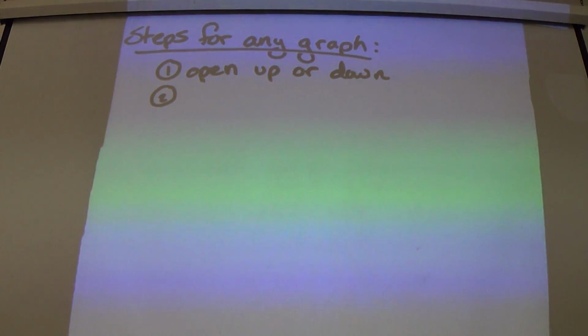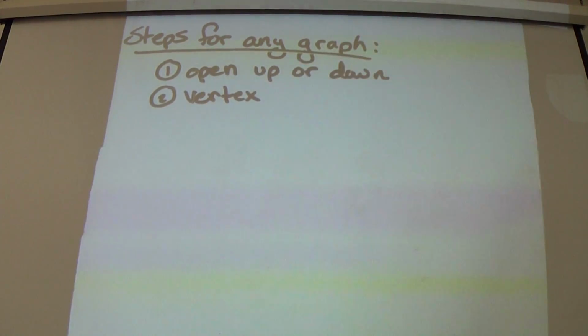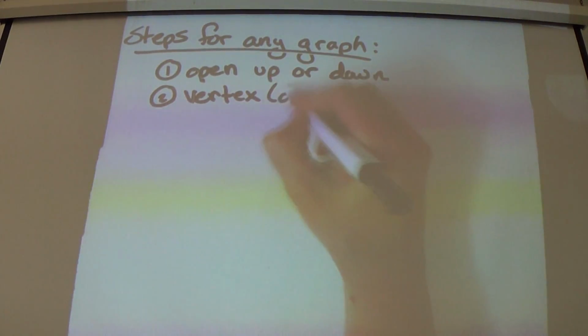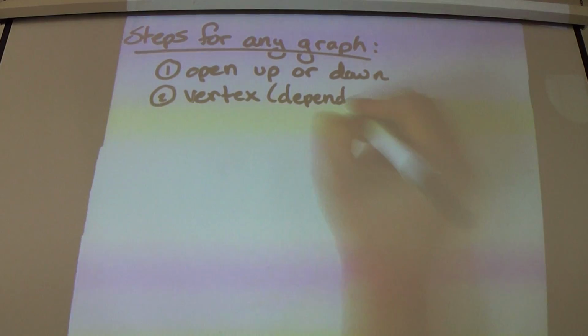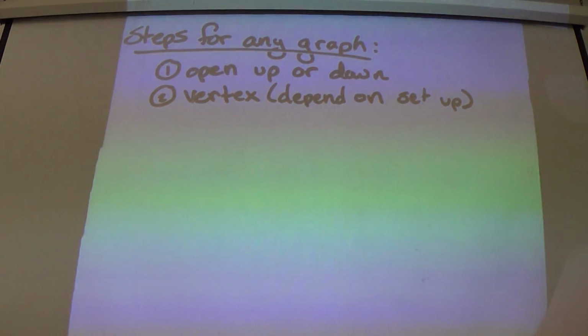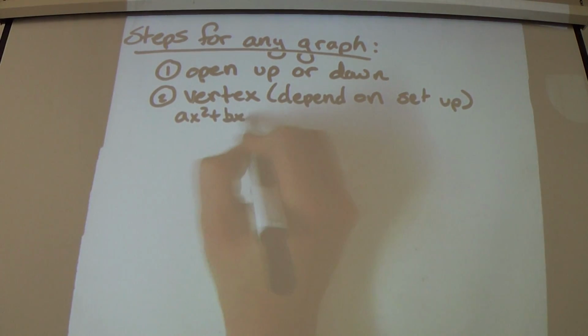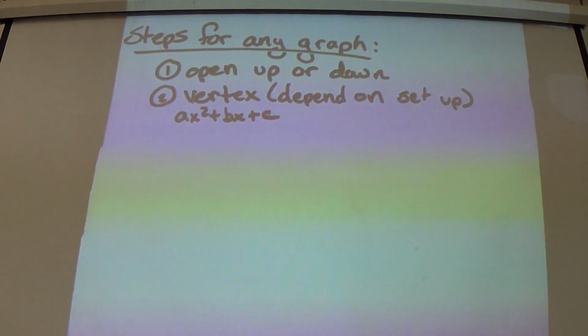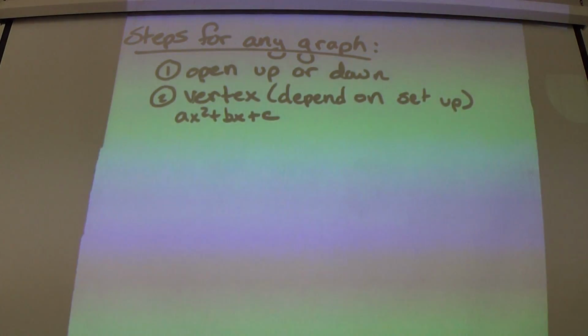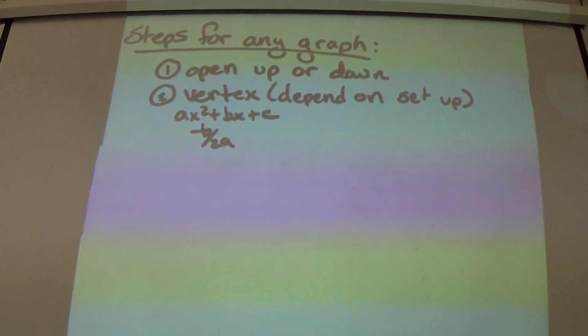After that, it would be a good idea to go ahead and look at the vertex. Now remember, the vertex is going to depend on how it's set up. In other words, if you're set up ax squared plus bx plus c, if you're set up in standard form, how do you find your vertex? Yeah, negative b over 2a would be the vertex.